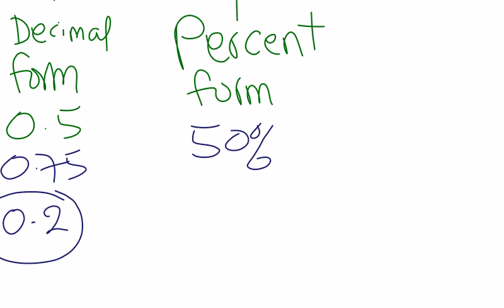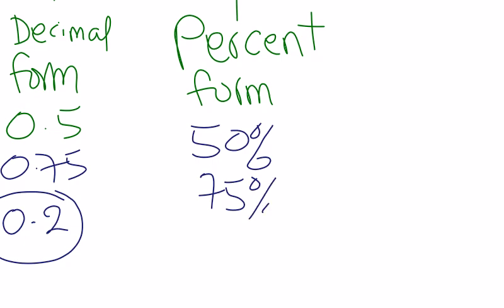So the next thing is 0.75. 0.75 is a decimal fraction. For you to express it in the form of percentage, you will just multiply it by 100. So 0.75 multiplied by 100 is equal to 75%.